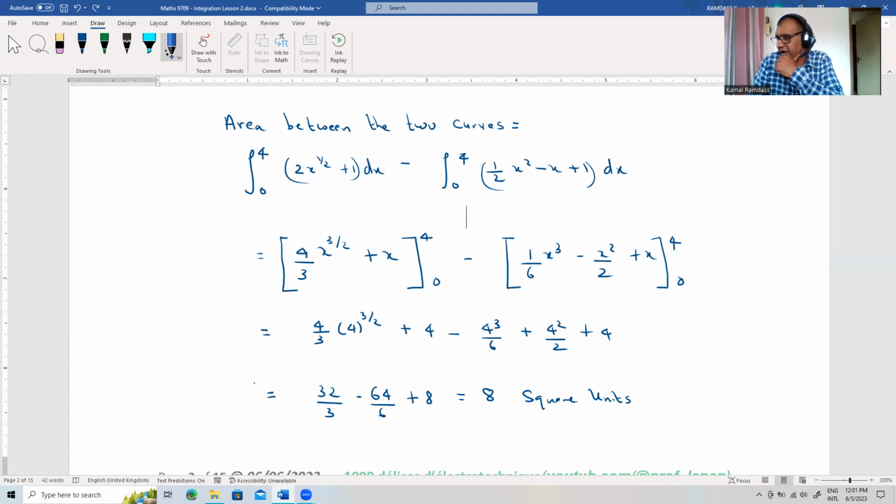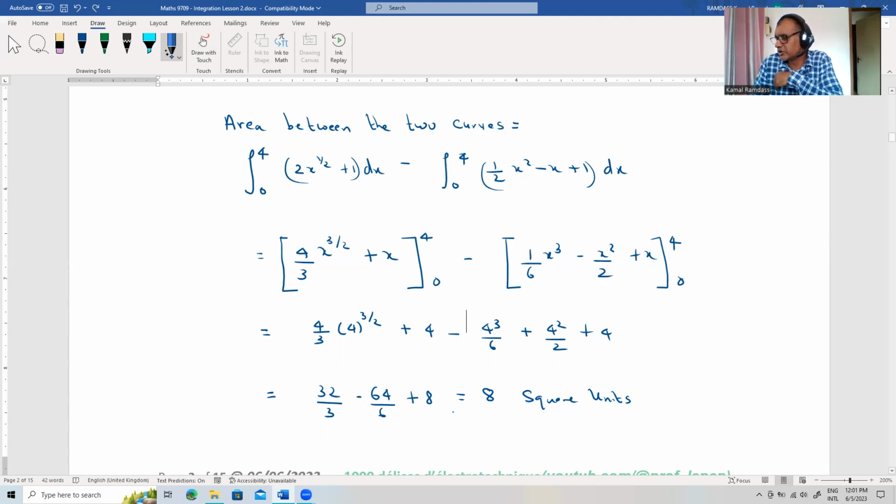Ça veut dire 4 thirds times 4 to the power of 3 over 2 plus 4 minus 4 thirds times 0 to the power of 3 over 2 plus 0, ça veut dire ça partie là pour éliminer directement, si tout cela vient 0, il vient 4 thirds times 4 to the power of 3 over 2, plus 4, minus 2, je remplace 4 là-dedans, 4 to the power of 3 divided by 6, plus 4 squared divided by 2, minus 2, 4, et ça partie 0 là pour éliminer, net, ok, moi pour gagner, et 32 sur 3, retire 64 sur 6 plus 8, qui est égal à 8 square unit.